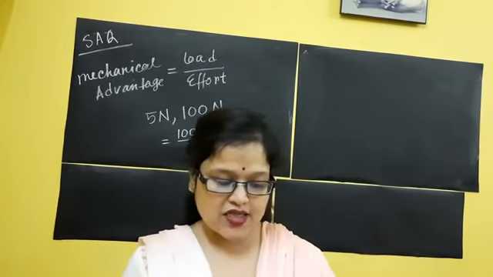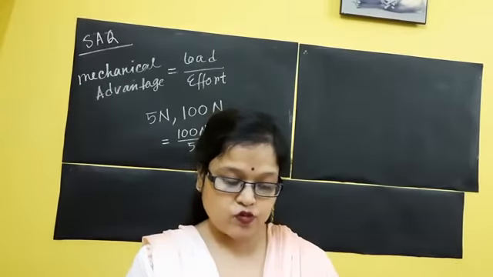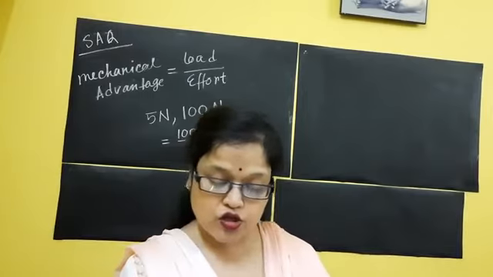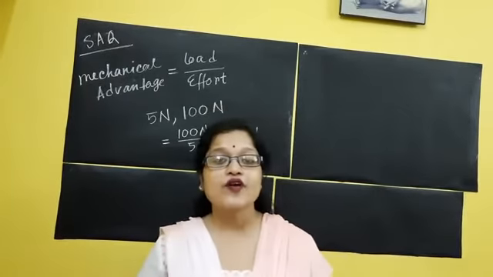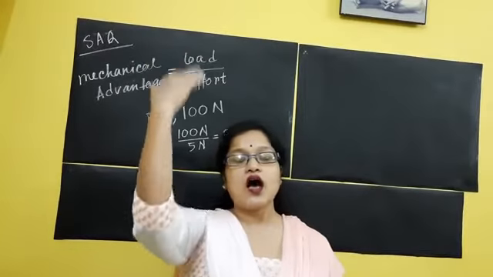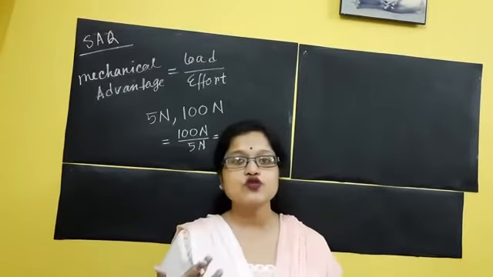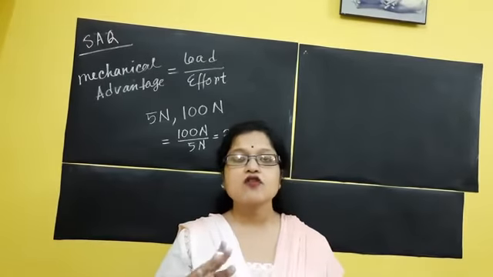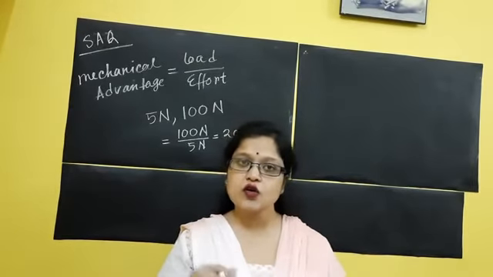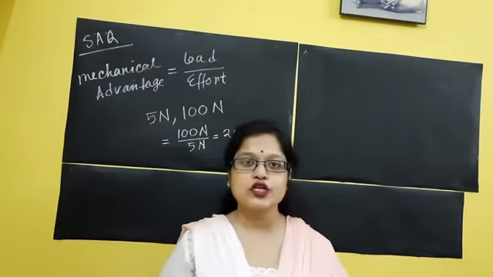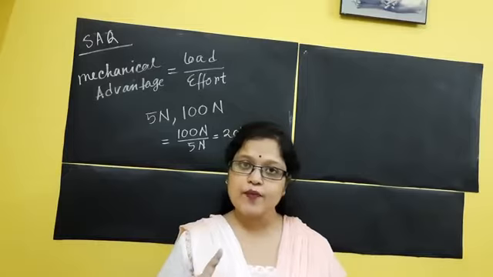Now the next question, question number 3: how does atmospheric pressure change with altitude? We have already done it. As we go from the surface of the earth towards higher altitude, the density of air decreases, and the height of the air column is also decreasing. Both happen together.